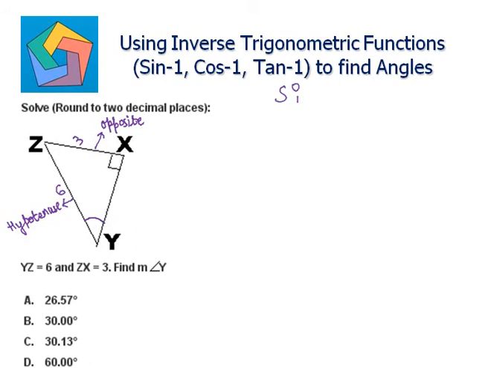So I need to take opposite and hypotenuse now, which comes in the sine relation, SOH. So sine of angle theta will be opposite over hypotenuse. So here sine of angle Y will be ZX over YZ.